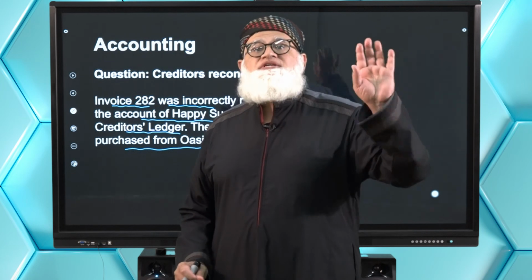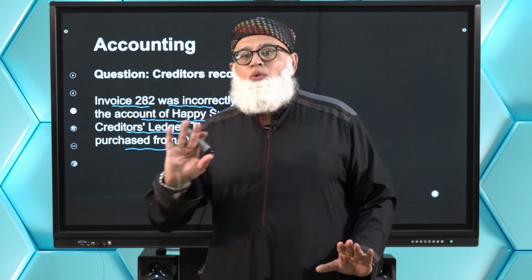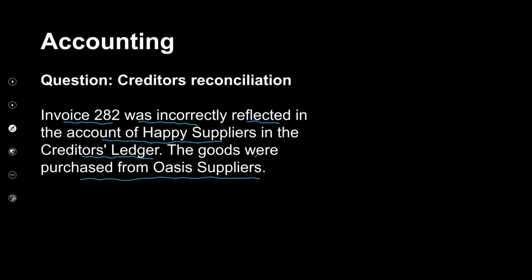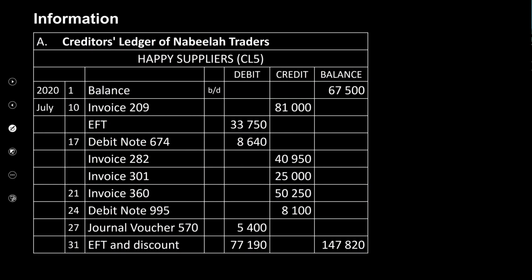Is the error on the statement, or is the error on our ledger account? Once again, we can see invoice number 282 was incorrectly reflected in the account of Happy Suppliers in the creditors ledger. There's the operative word. That gives you an indication of where the error is. So obviously, we now need to identify it.